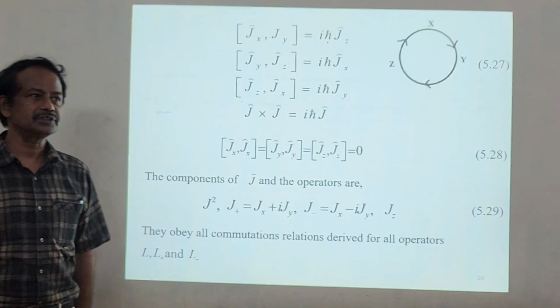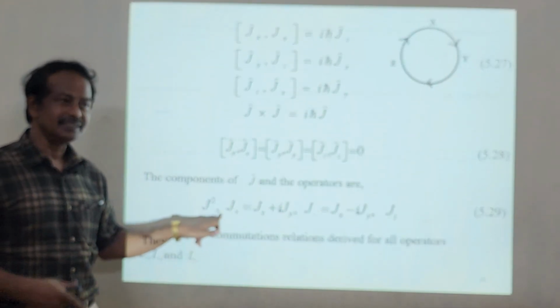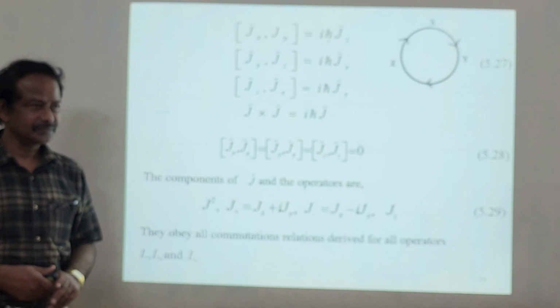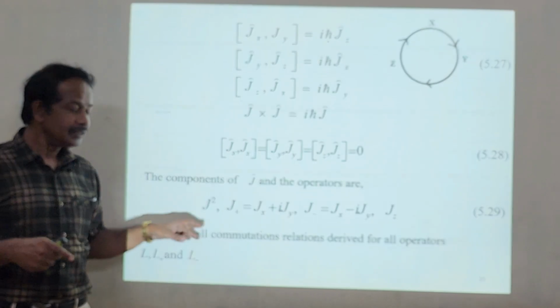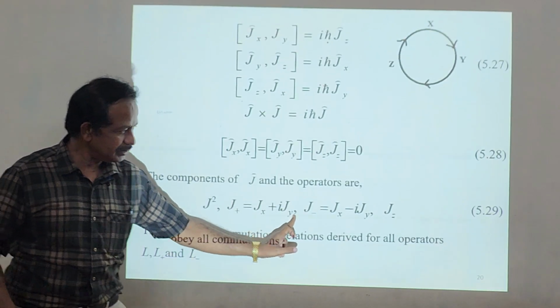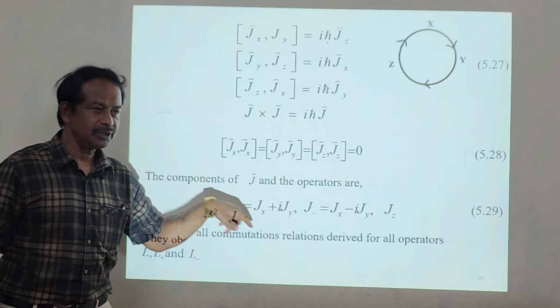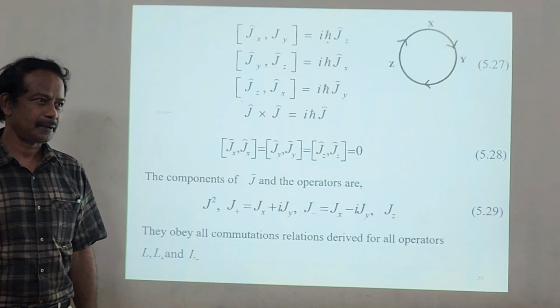The fourth one will be Jz. Jx and Jy are already included in J plus and J minus. So we know already: J squared, J plus, J minus and Jz.